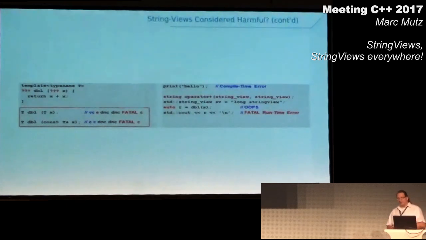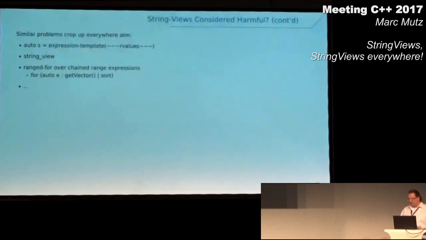But is this a reason to completely ban StringView? I don't think so. So let's have a more balanced case. If you look around at the new technologies, StringView and range-based for and the range proposal, they all have these problems.